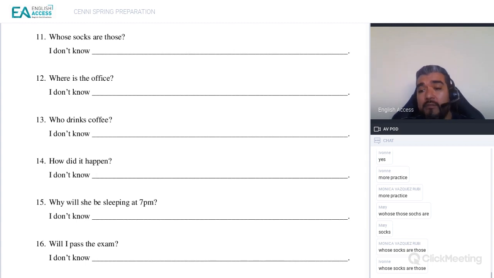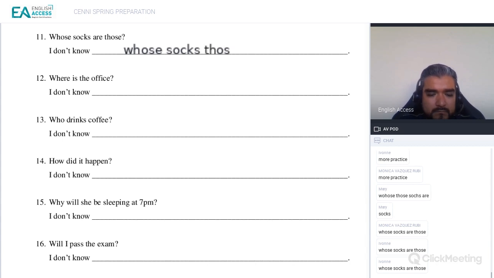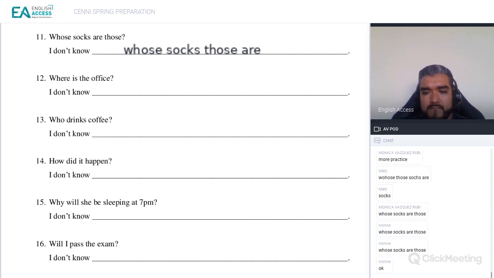But when it is affirmative, it goes back to normal. It's easier than what it looks.